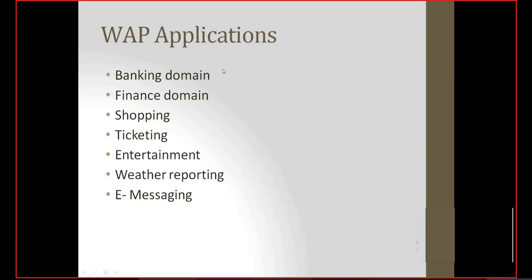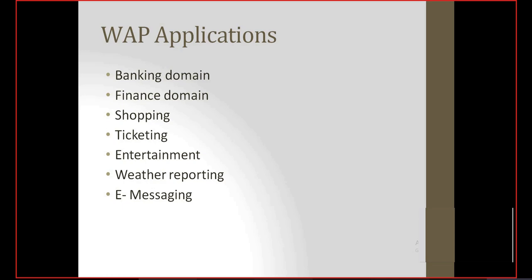Last part, application domains. So whatever applications we had for the HTML web pages, when we consider the scenario of using the same web pages on handheld devices, the same application areas are getting covered in case of WAP as well.